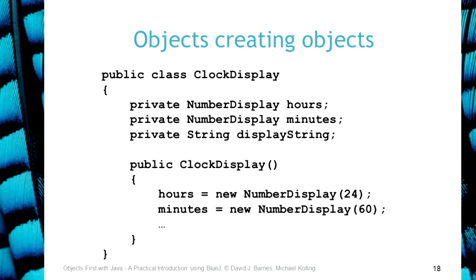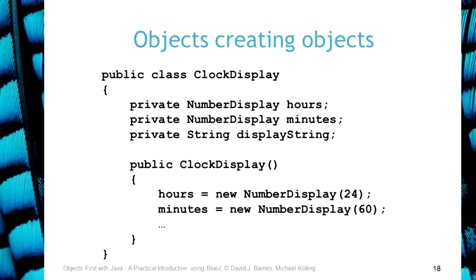The first question we have to ask ourselves is, where do the NumberDisplay objects used by the ClockDisplay come from? As a user of ClockDisplay, when we create a ClockDisplay object, we assume that our ClockDisplay has hours and minutes. So by simply creating a ClockDisplay, we expect that we have implicitly created two number displays for the hours and minutes. However, as writers of the ClockDisplay class, we have to make this happen.